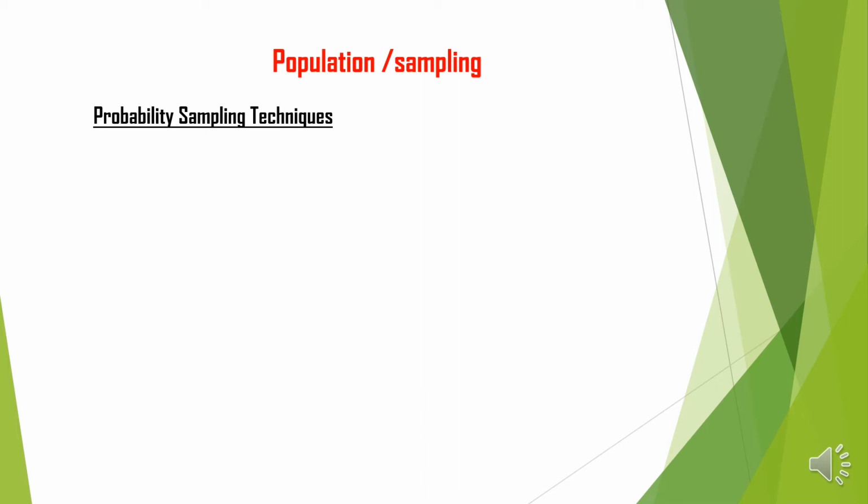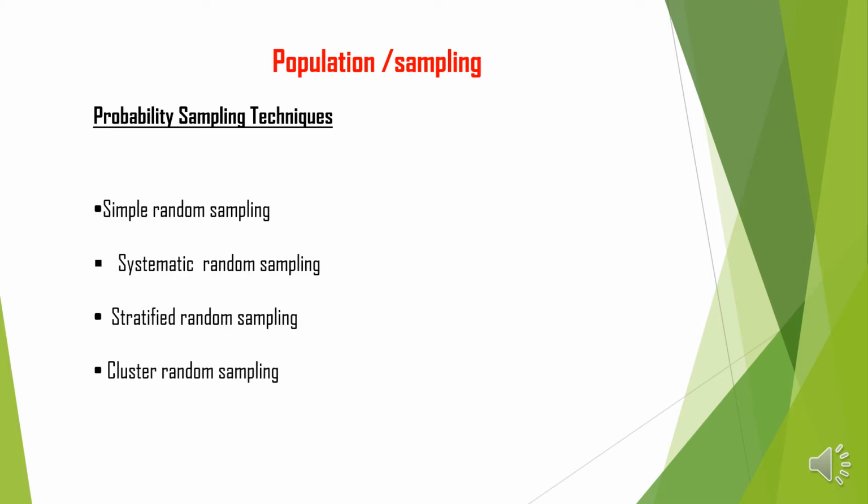Example, if I'm studying the behavior of the nurses inside a facility, before starting to take my sample, I have to keep in mind that every single nurse could be selected, young or old, tall or short, and so on. Every single one of them could be selected inside the sampling size.